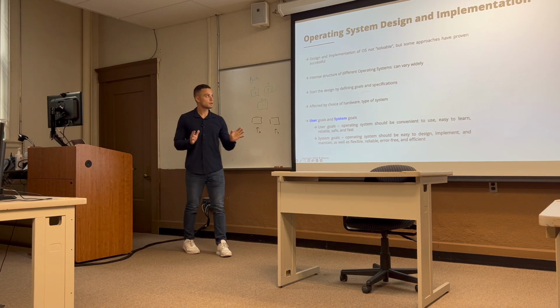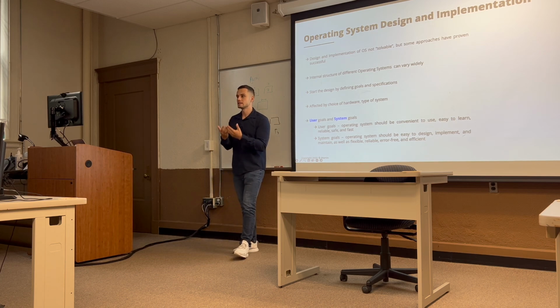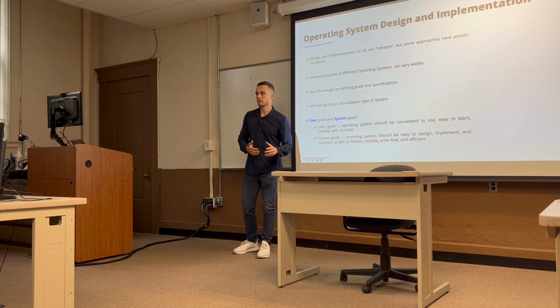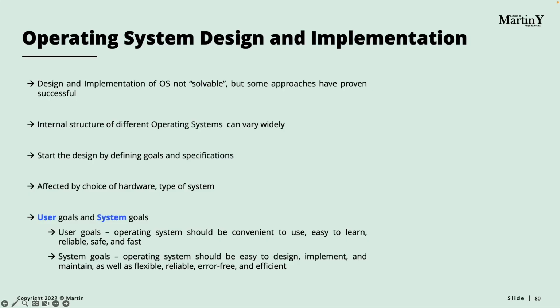So now we're going to switch to how operating systems are designed and implemented. As we said before, we have user and system goals on how we want to design our systems. Of course, for us as software engineers, the system goals are way more important.